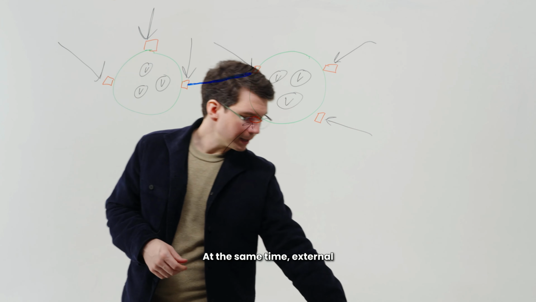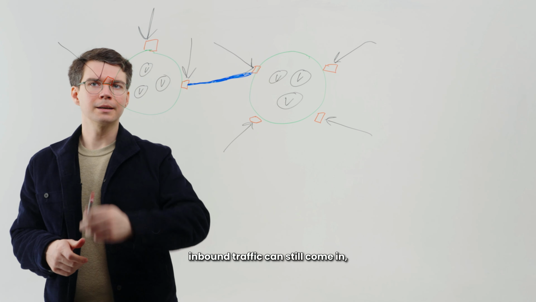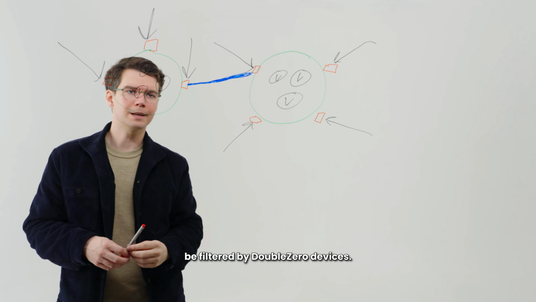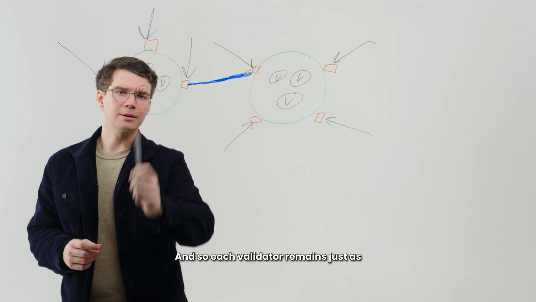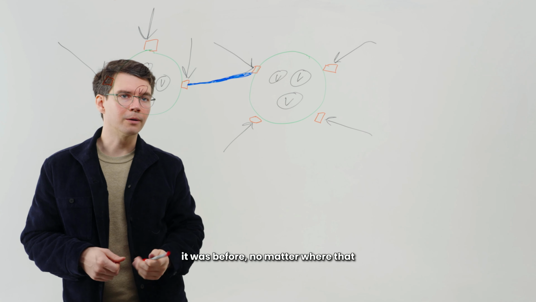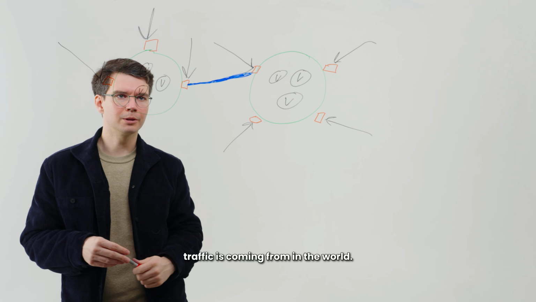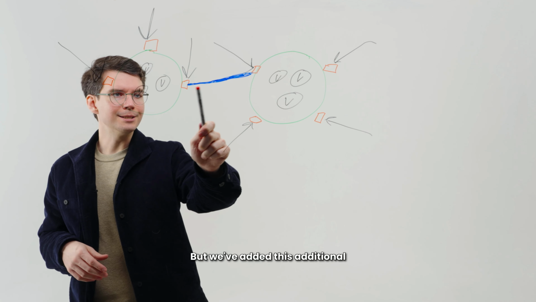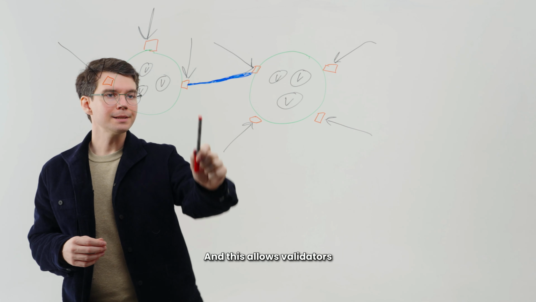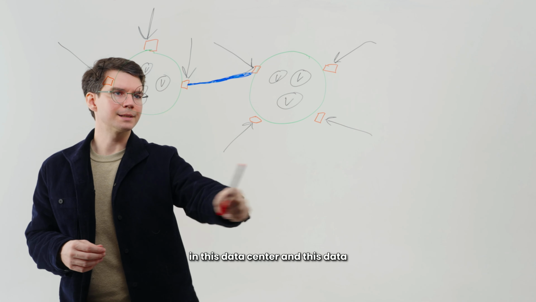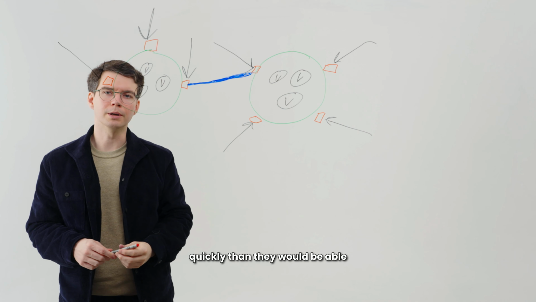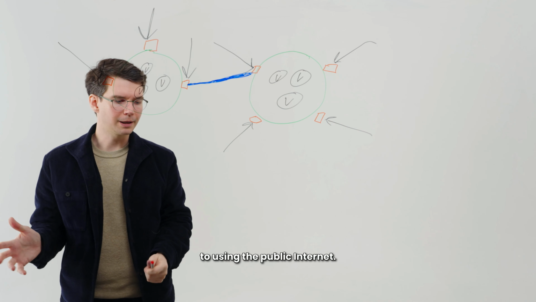At the same time, external inbound traffic can still come in, be filtered by 00 devices, and so each validator remains just as reachable to the public internet as it was before, no matter where that traffic is coming from in the world, but we've added this additional component apart from just the filtration layer. This allows validators in this data center and this data center to communicate much more quickly than they would be able to using the public internet.